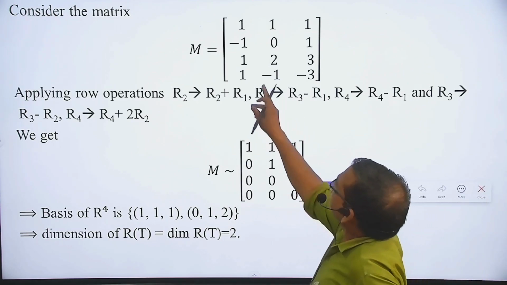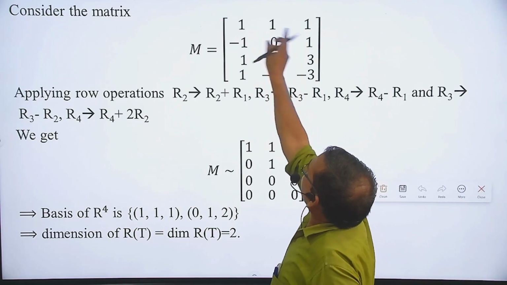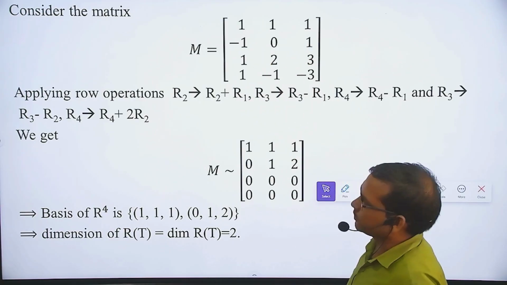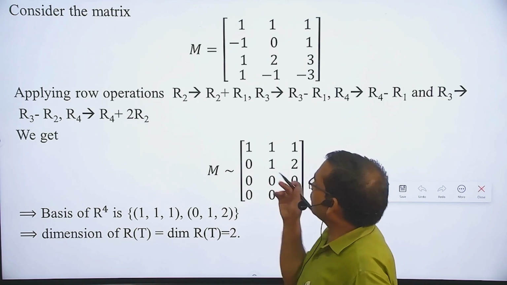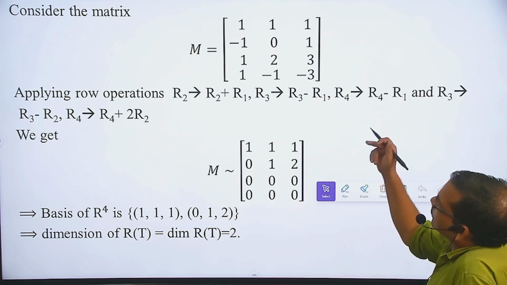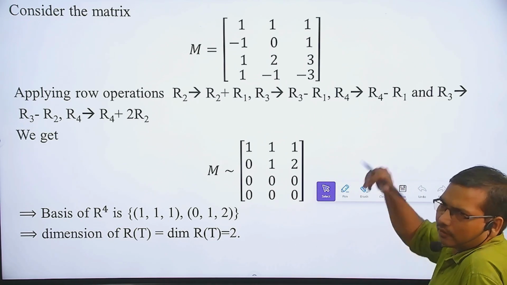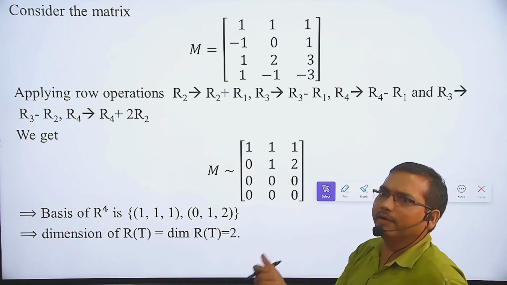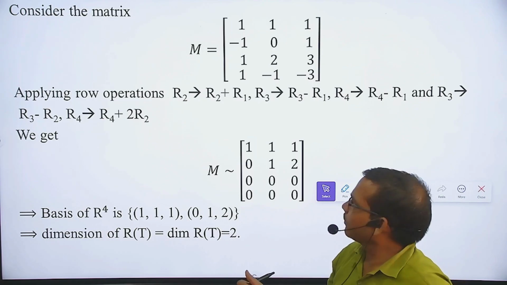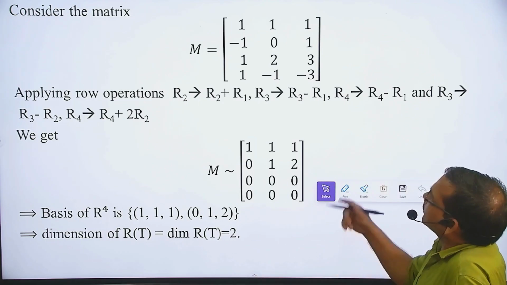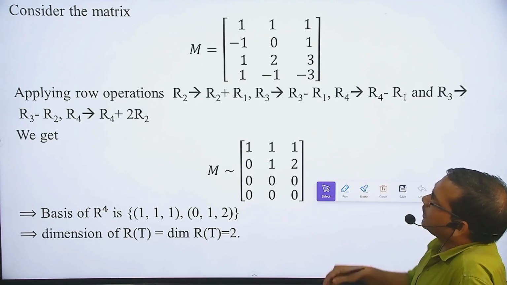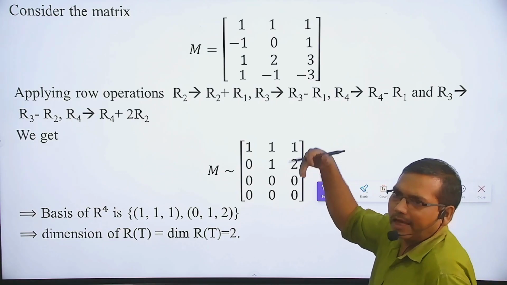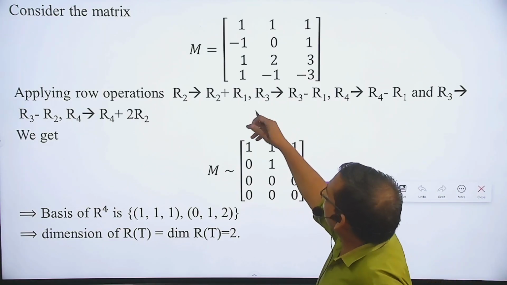The images are (1, 1, 1), (-1, 0, 1), (1, 2, 3), (1, -1, -3). But it is not clear whether these vectors form a basis of the image or not. For this, we check whether these vectors are linearly independent. To check the dependency, we take them in the form of a matrix and apply echelon form.